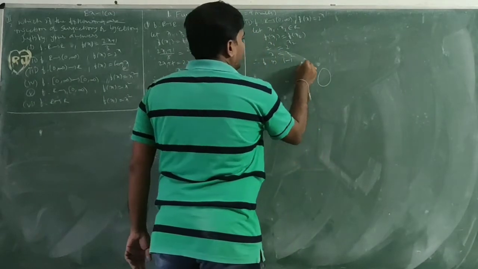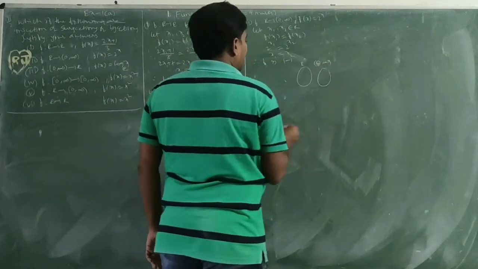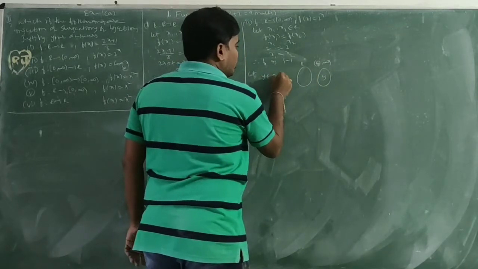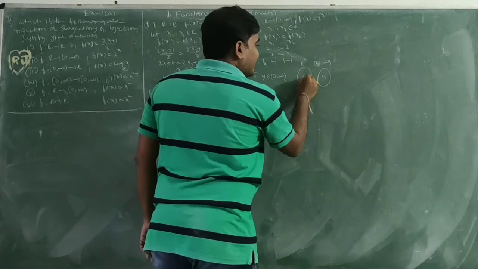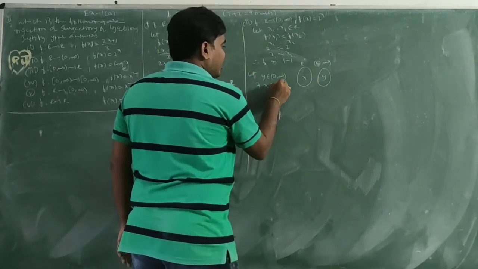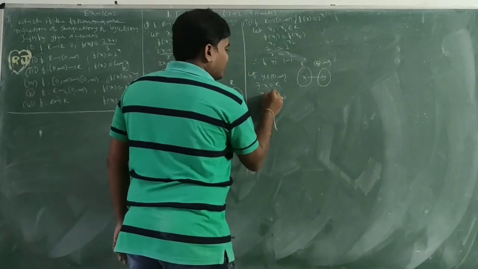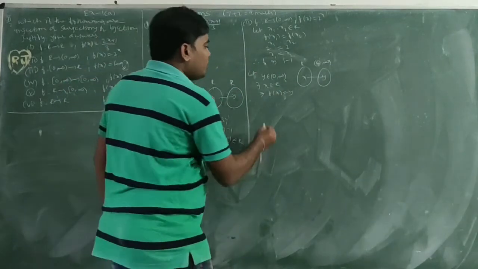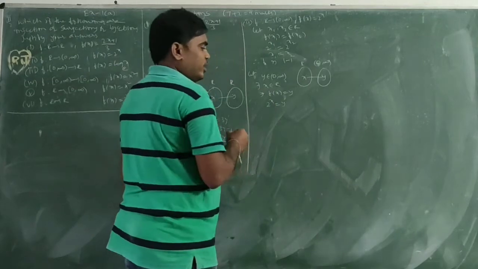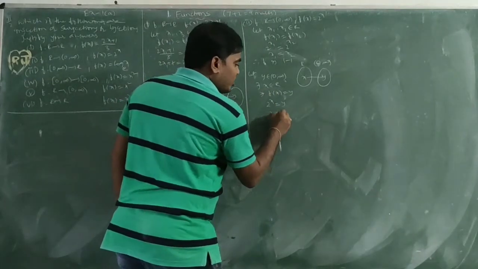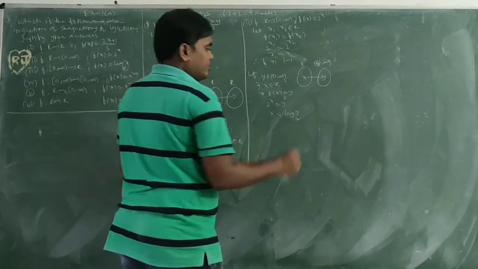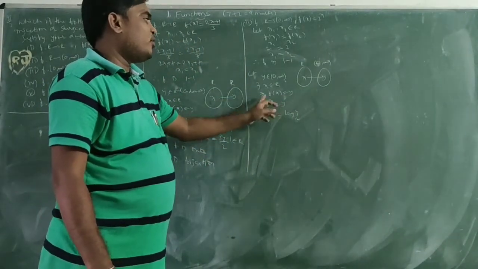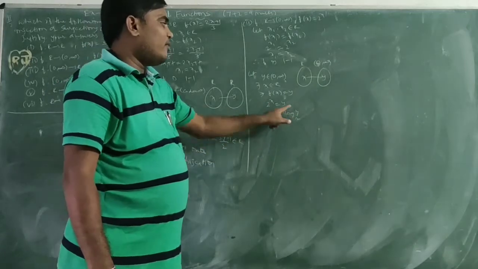So this is R, this is (0, infinity). Let y be an element in the codomain (0, infinity). Then there exists x an element in R such that f of x equals y. What is f of x? 2 power x equals y. So x equals log y base 2. A power x equals b: I want to convert the exponent form to logarithm form, so log y base 2.